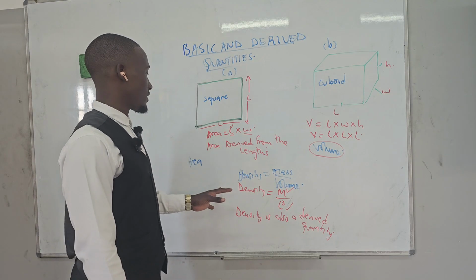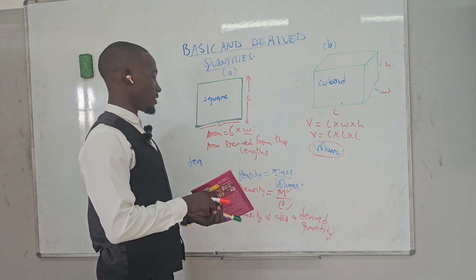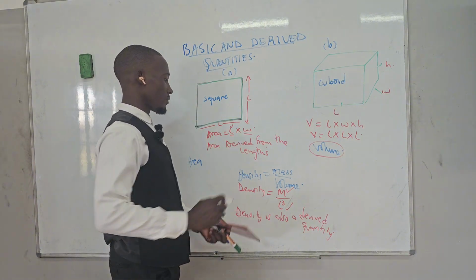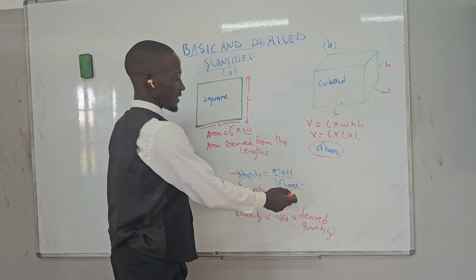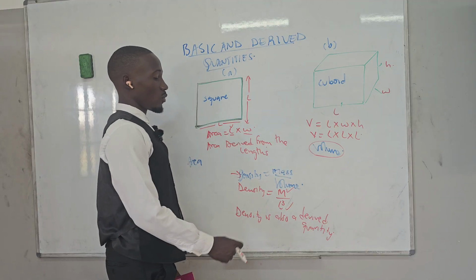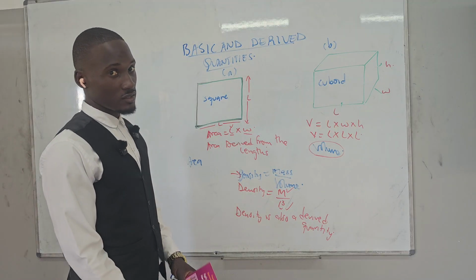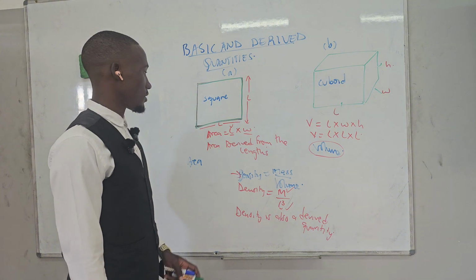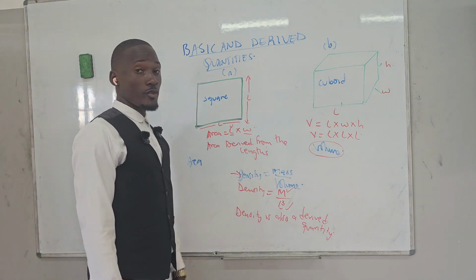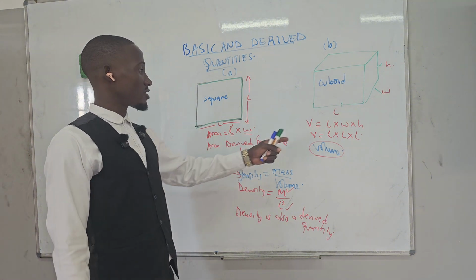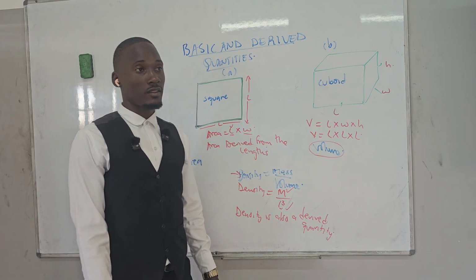So you realize that in the aspect of density, mass and length were the fundamental quantities we were using to have density. In the aspect of area, we were using length. In the aspect of volume, we were using length.